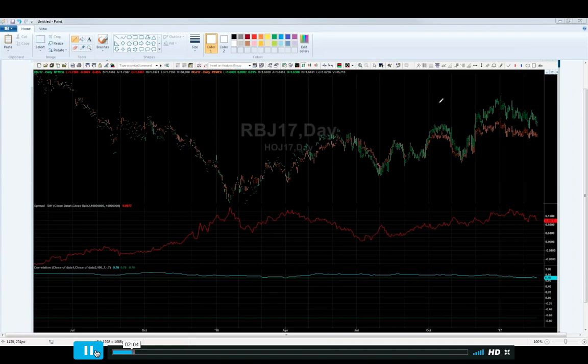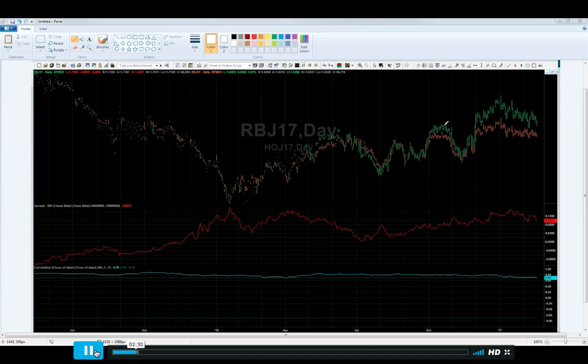So if gold's trading at 1,200, that means it's 120,000. You do 1,200 times 100. If gold goes up to 1,300, then you'd have $130,000 notional value. So the notional value is always changing based on the price. Make sense?